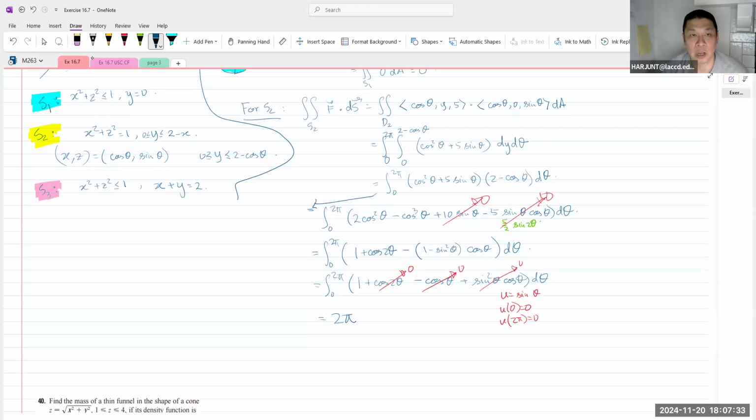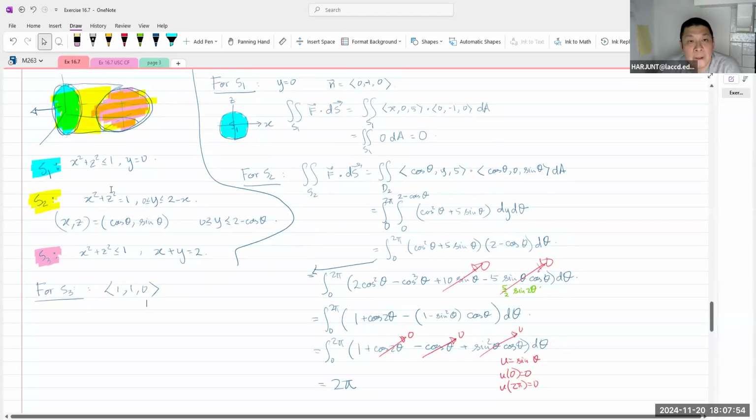The third surface, don't forget. The third surface, the vector normal to it is 1, 1, 0, right? That's the vector normal to it, the slanted one.